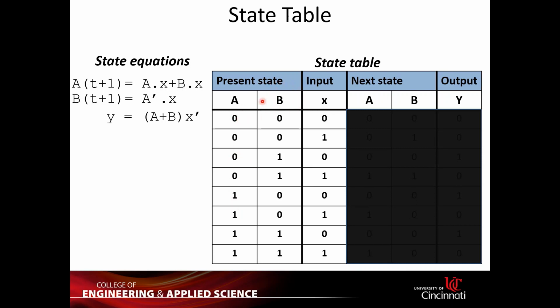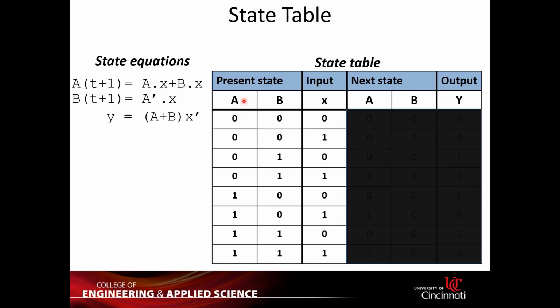The second D flip-flop will also output a 0 or 1, so you can have the state B of the other D flip-flop here. When I say A and B, of course I was talking about the output or the state of the D flip-flop.